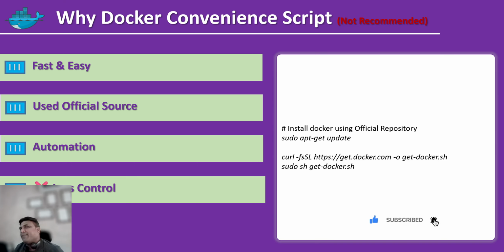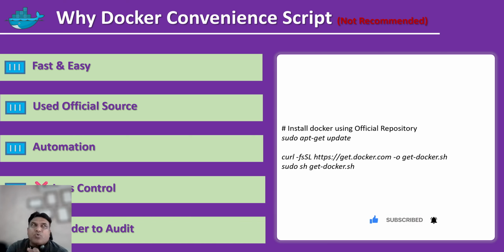Since you are running a bash script, you do not have control over what has been written in that bash script, right? So that's why I put it here. It's less control, so if there is an issue, it will be very hard. It is harder to audit, and if there is an issue, it's very hard to audit and very hard to debug.